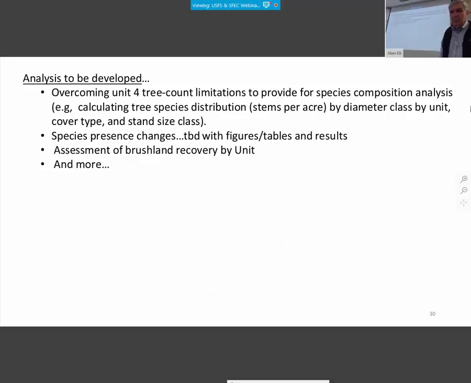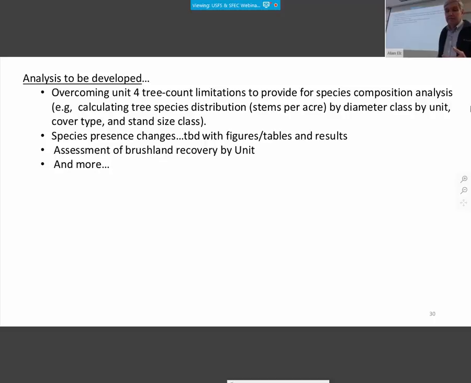We've got a number of analyses that we'd like to conduct, trying some different ways to deal with the missing tree count data in Unit 1. And as we get a handle on that, looking more at species presence changes, figures, tables, and results.